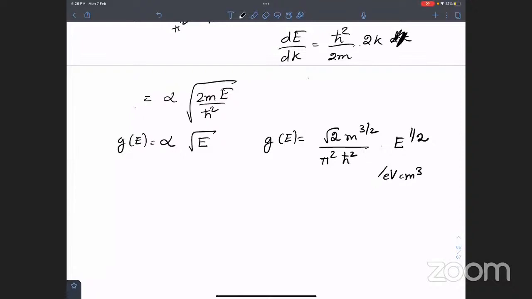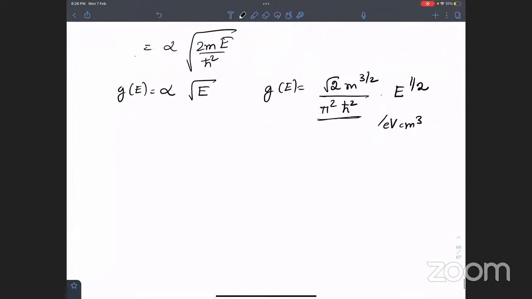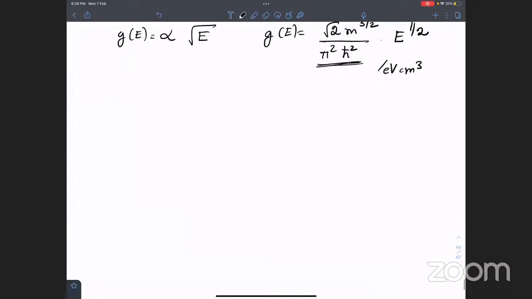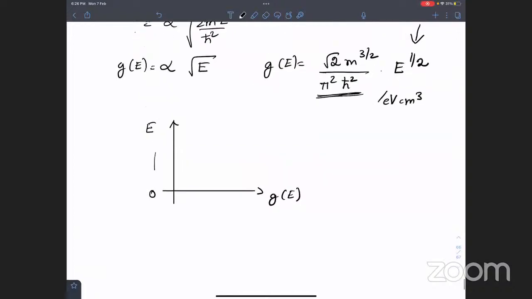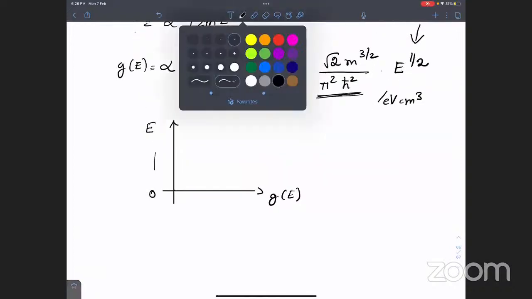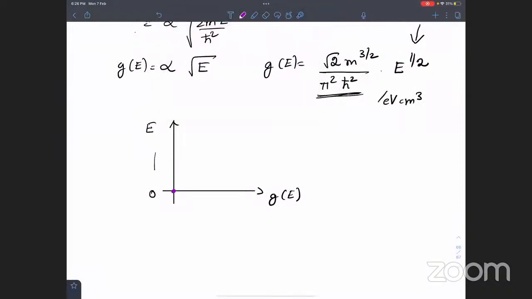More than the constant here, what is important is this particular expression, and you might have already seen it. Let us see how that goes. But we'll plot it in a slightly different way. We're going to plot the energy on the y-axis. This is my zero energy. And we're going to plot the density on the x-axis, and our energy goes up this way. At zero value, clearly the density of states will be 0.